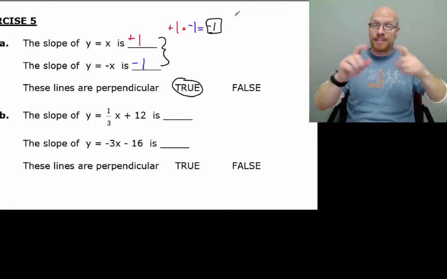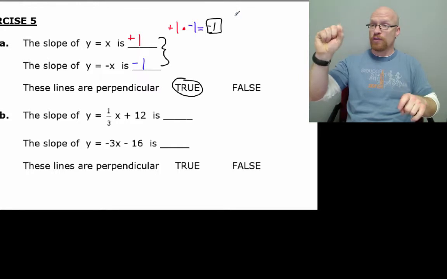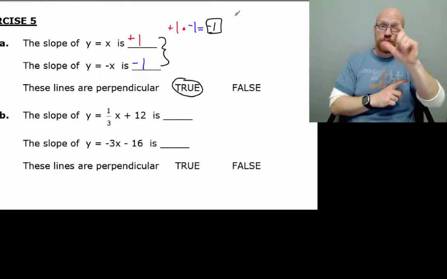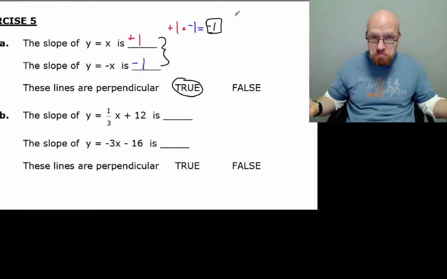So we'll show our test, our multiplication test. The first slope times the second slope is negative 1. So it's true.